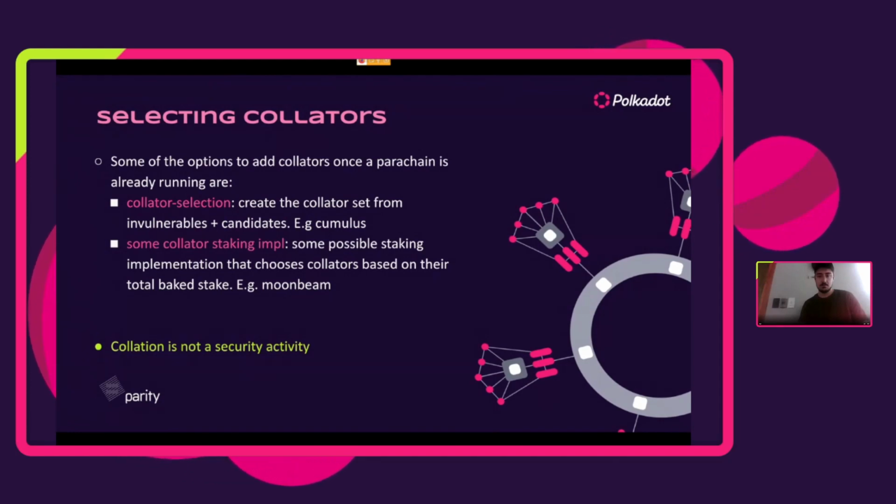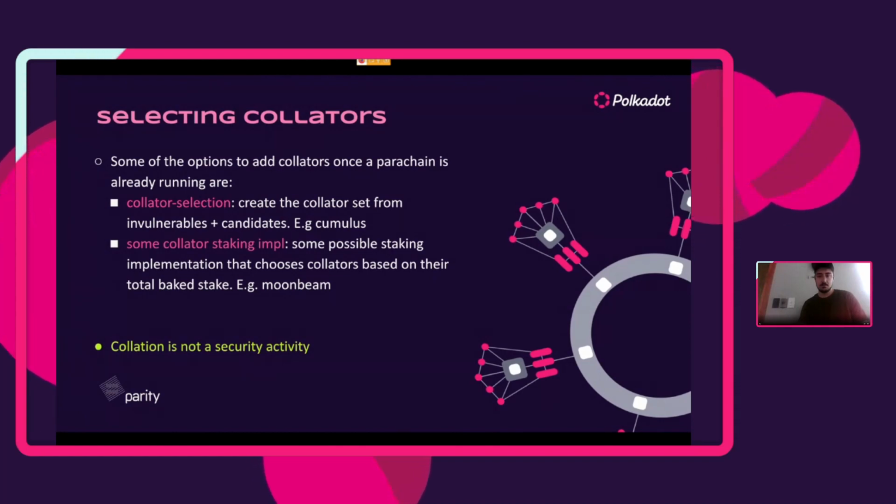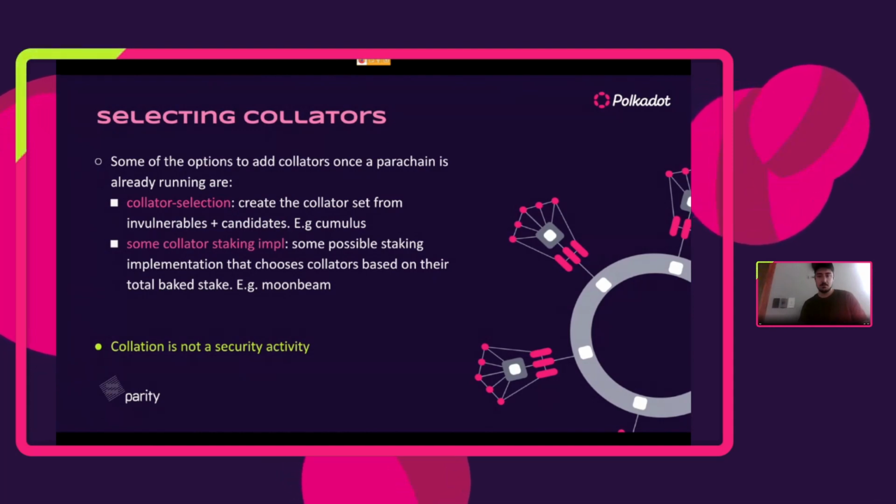Then, based on certain parameters, a set of collators will be created, and the authors of the blocks will be rewarded for doing that job. This is a very straightforward approach, which makes this very simple.